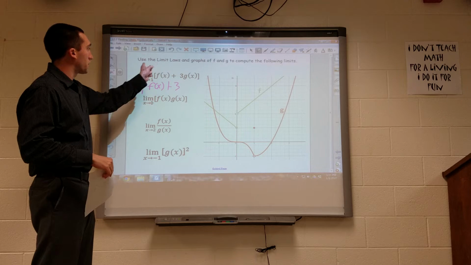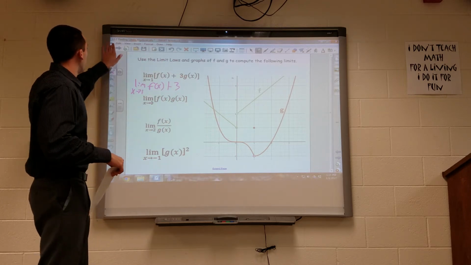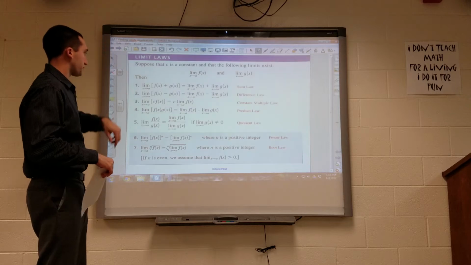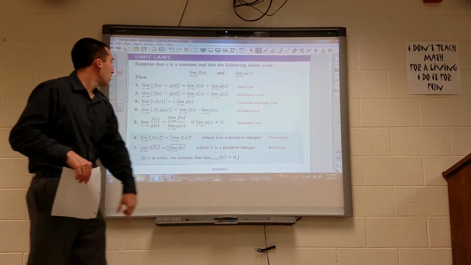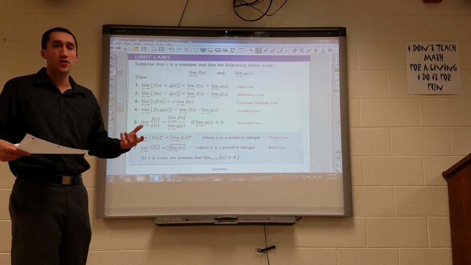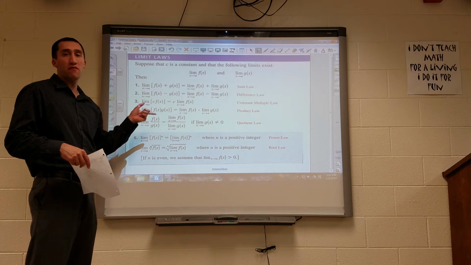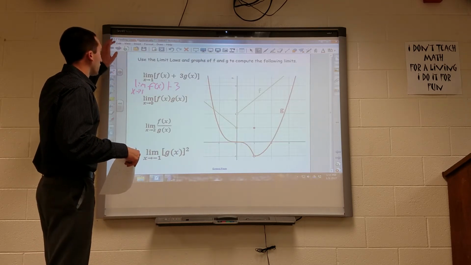I use the addition where I can break it up, and then I've also used the constant multiple law, where if I have a c inside the limit, whatever constant, whatever number we're multiplying the limit by, I can pull it out in front and multiply it by the limit.